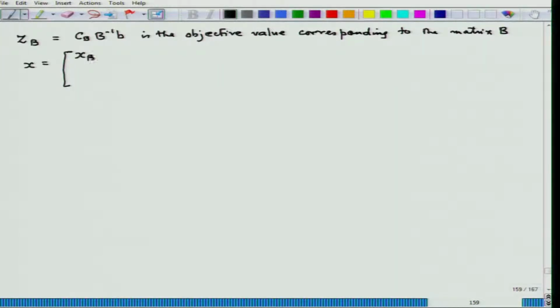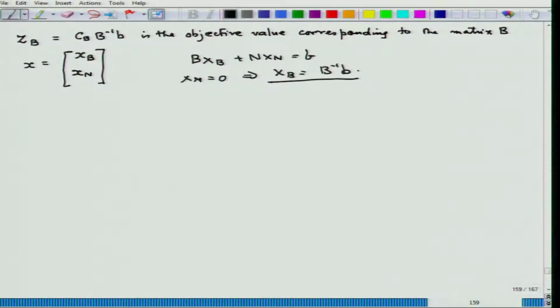So, I can write x as xB, xN, and then you know that Ax is equal to b. And A is partitioned into B and N. So, you can write B xB plus N xN is b, and if xN equal to 0, we know that xB is B inverse b and CB B inverse b, which is the same as whatever we have written.